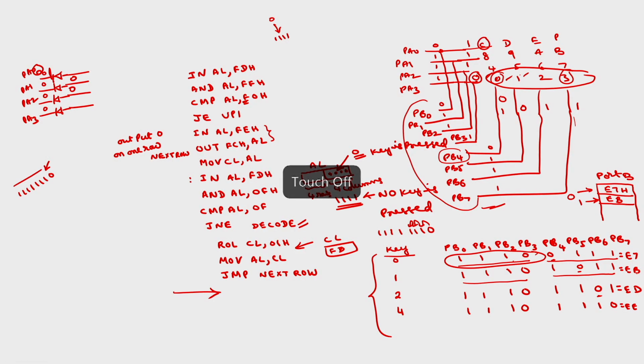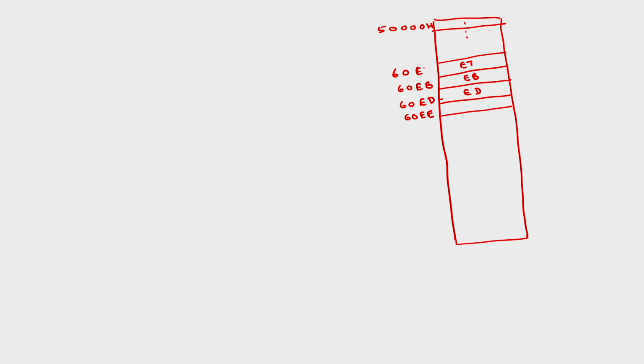So the codes are E7, EB, ED, EE. Here I will simply store 0.